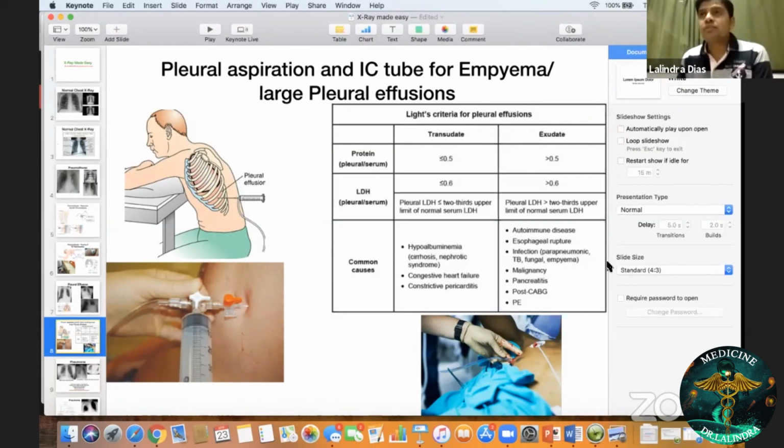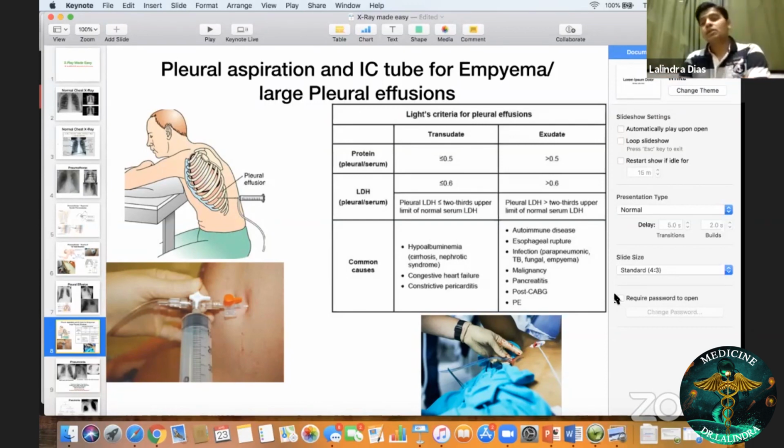In the pleural fluid, you examine the pleural fluid protein or albumin. You also check the pleural fluid LDH. You also analyze the pleural fluid for cytology, whether there are white cells or polymorphs, whether there are lymphocytes, whether there are red cells, and whether there are malignant cells.